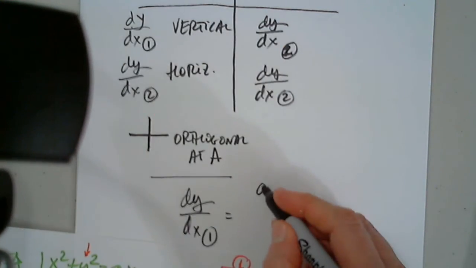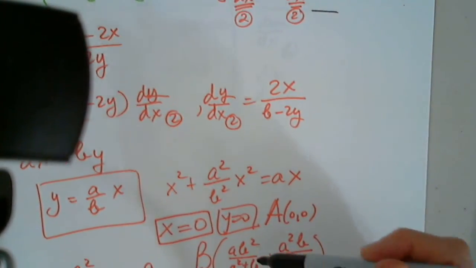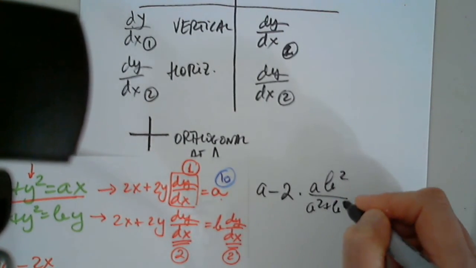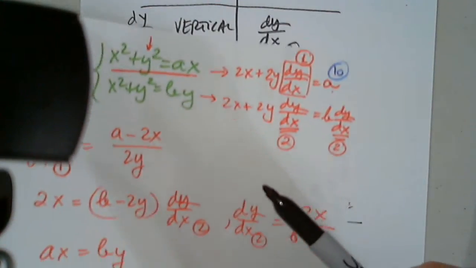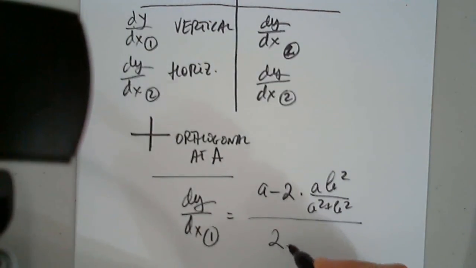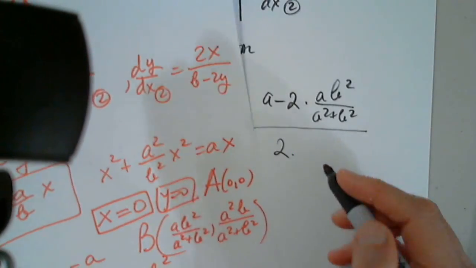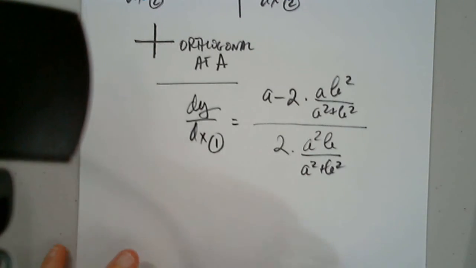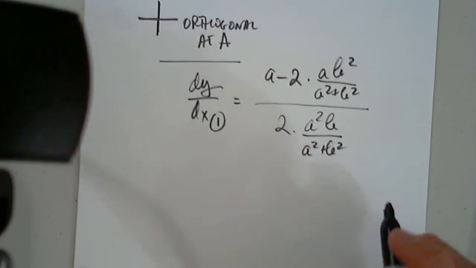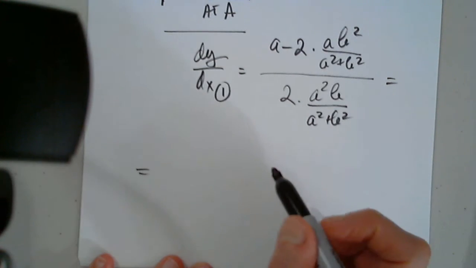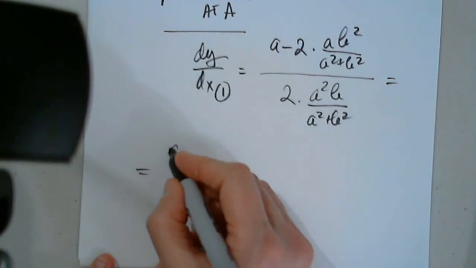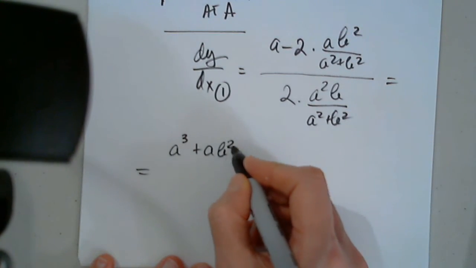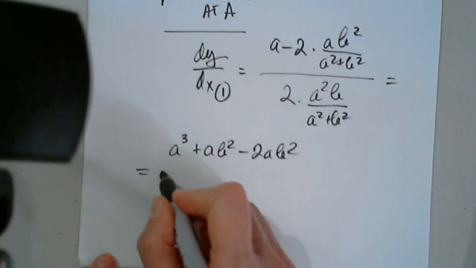So I have a minus 2 times the x value, ab squared over a squared plus b squared, everything divided by 2 times the y value, a squared b over a squared plus b squared. And now I have to simplify this fully. So the top will be a cubed plus ab squared minus 2ab squared.